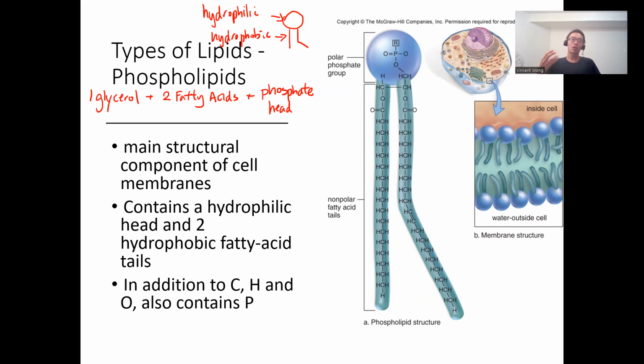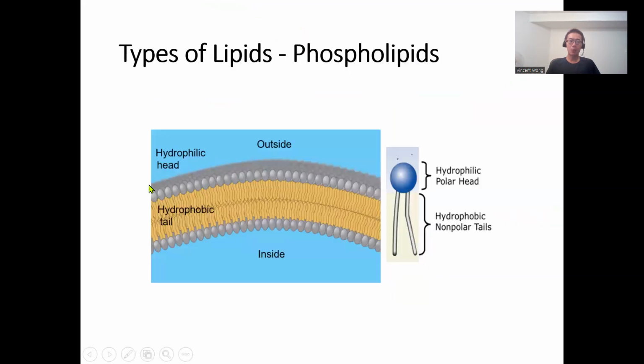In the body, the phospholipid also has a similar property, and it will arrange itself like this. This is a cell, and we are zooming into the cell membrane. The boundary around the cell is called a cell membrane. So if you look at that, you will see the hydrophilic heads facing the outside of the cell, which is primarily water, and the inside of the cell is also water.